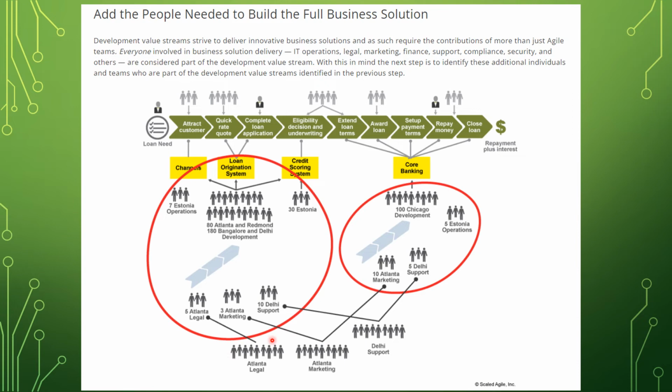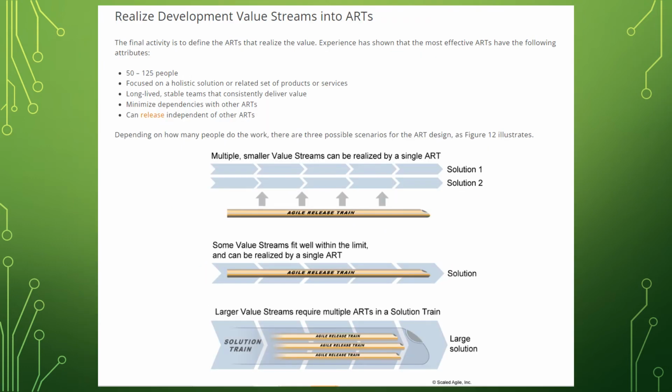From a functional side, certain people are part of the development value stream, right? So you need business people to be part of fulfilling the business solution as well as part of your development value stream.